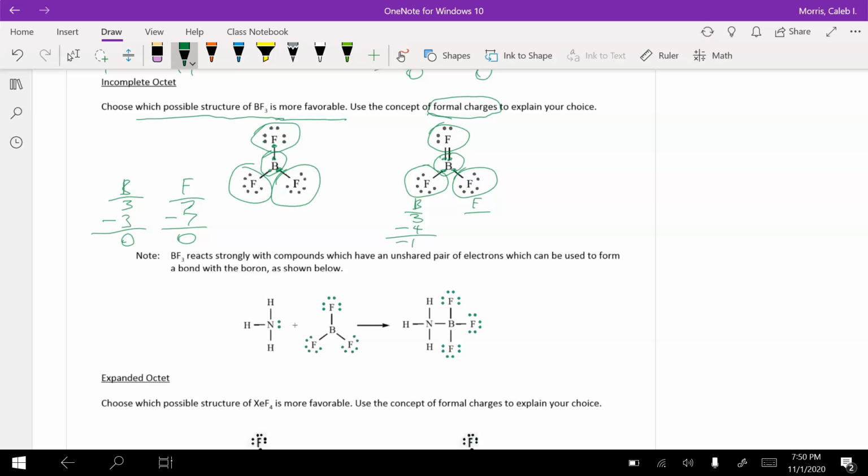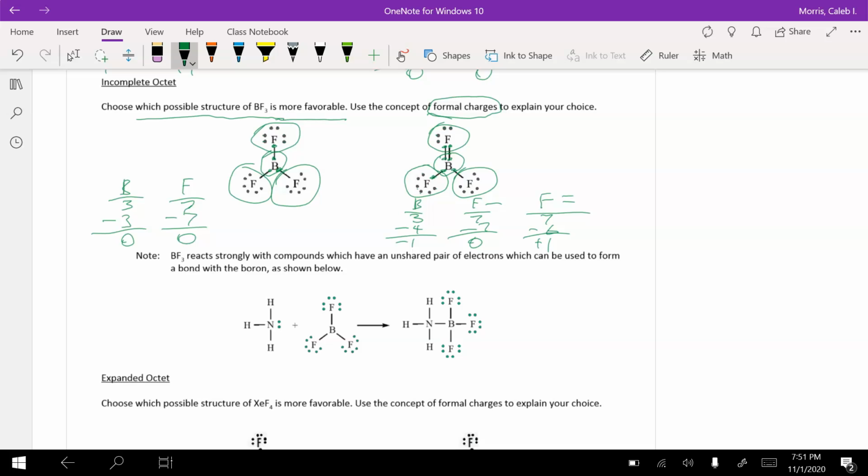That gives us -1. And then for fluorine, I've got fluorine with a single bond, and I've got another fluorine that has a double bond. We've got to count both of them. Our single bonds are 7 minus 1, 2, 3, 4, 5, 6, 7. 7 minus 7, which would just be 0. And then the double bond has 1, 2, 3, 4, 5, 6. So it's going to be 7 minus 6, which is +1.